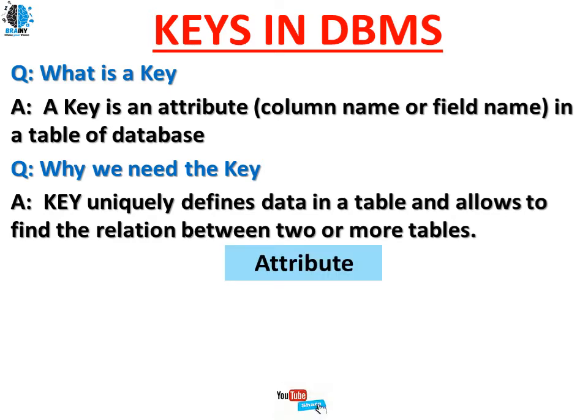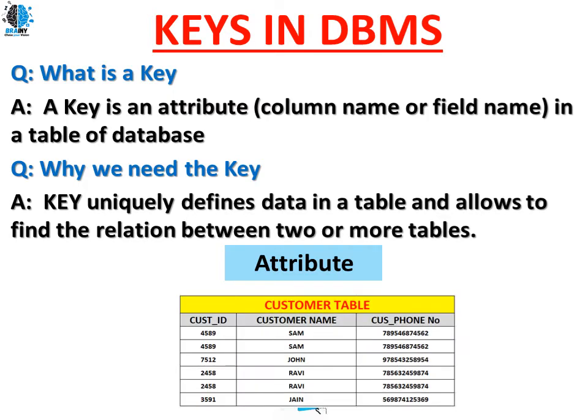So what is an attribute? Let's see this attribute. In this table, what are the attributes? Attributes are customer ID, customer name, and customer phone number. So I have this customer table here. In this customer table, the attributes are customer ID, customer name, and customer phone number.